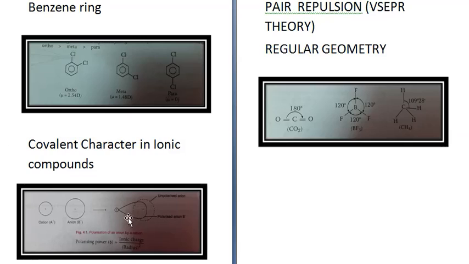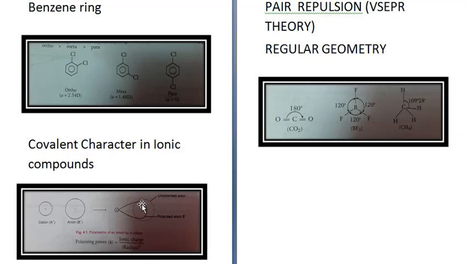So this is because of certain covalent character in ionic compound. The magnitude of polarization is determined from Fajan's rule. Polarizing power is given by ionic charge upon radius square. Formula of polarizing power is ionic charge upon radius square.